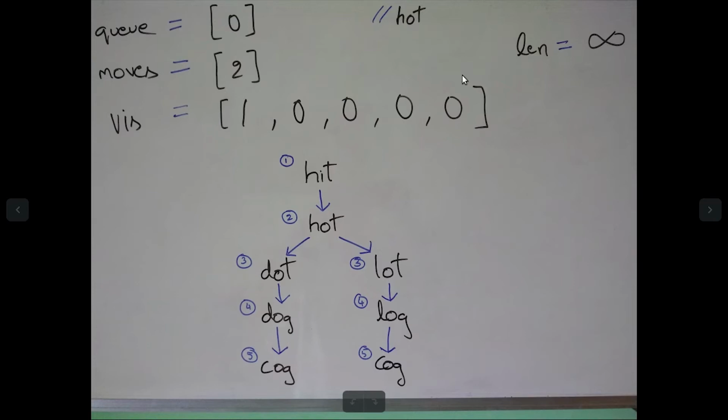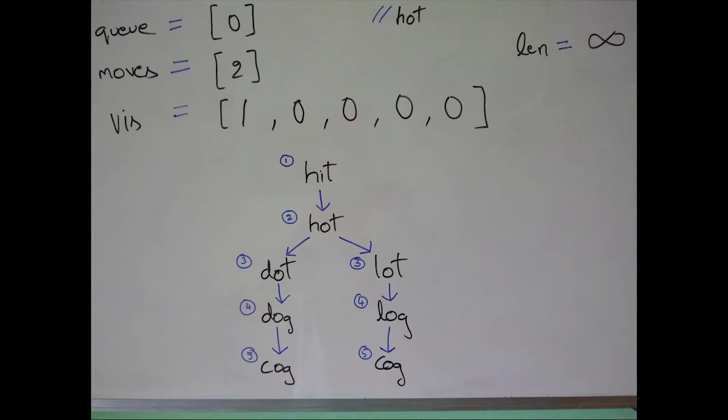If it is just 1, then we update the value of len as the minimum of the current value of len or the element that has just been pulled out. So if the difference between hot and cog was just 1, we would update len to 2, because the minimum of infinity and 2 is 2. This is the initial step of the queue.